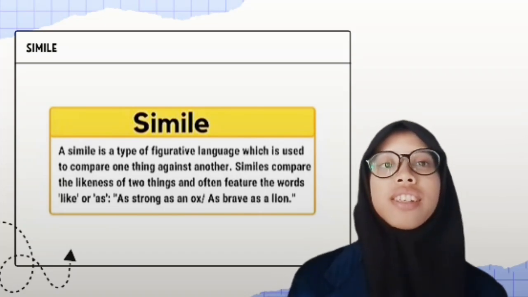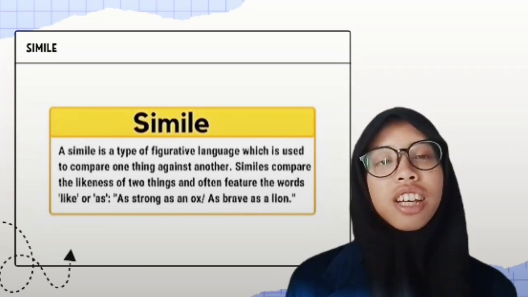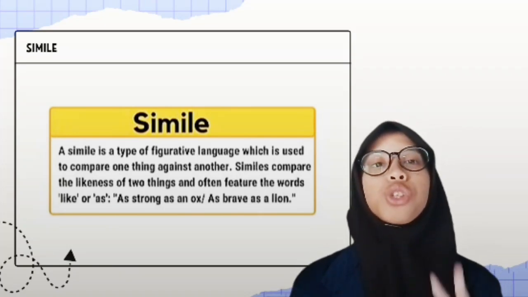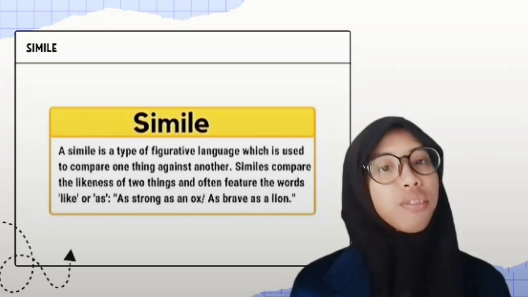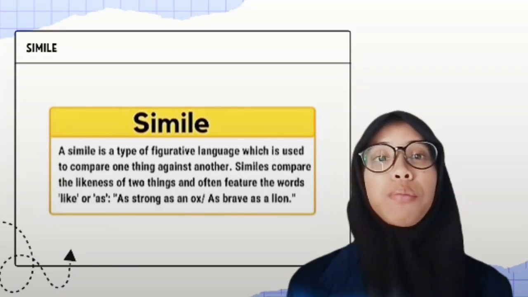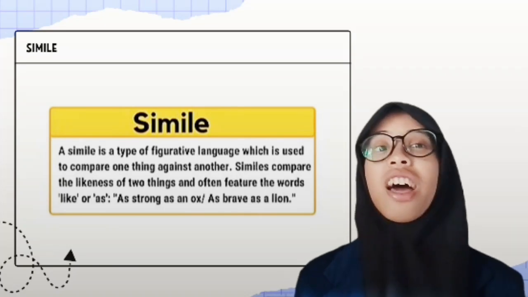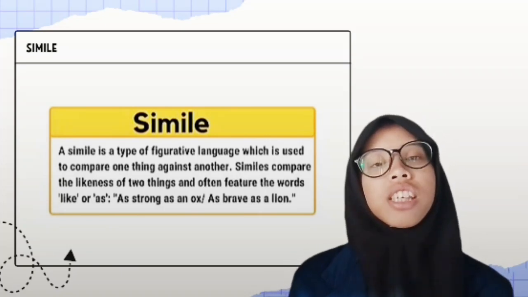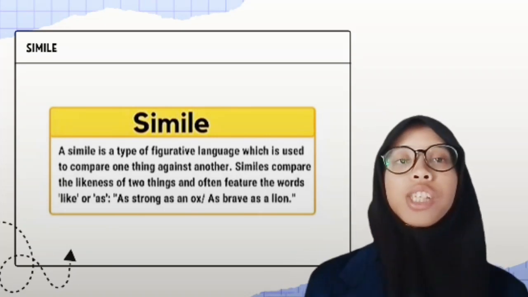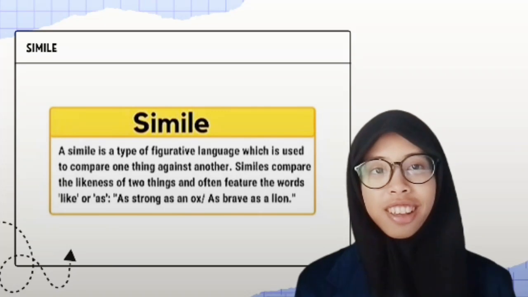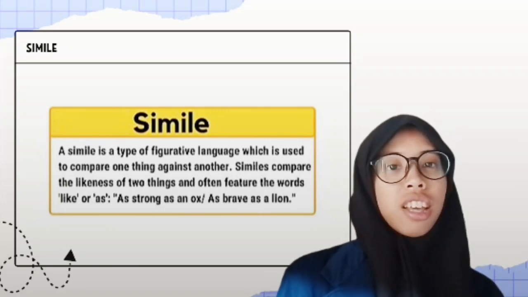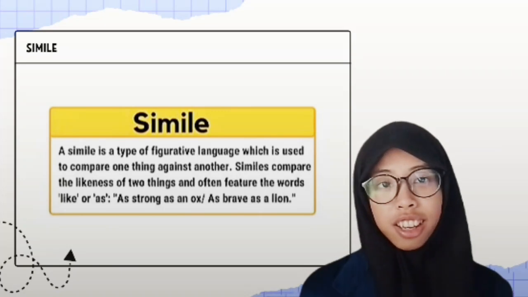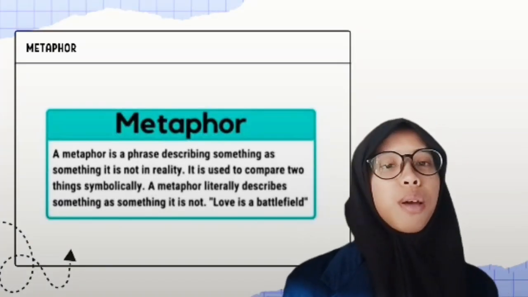The characteristic you have to remember is that we use as or like to compare two different things, but they have a correlation to what we compare, like brave and lion, strong and ox. Another example is your eyes as bright as the sun, where we use as to compare eyes with the sun. Get it? Okay.